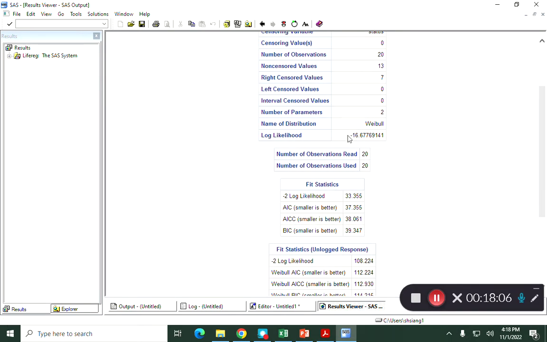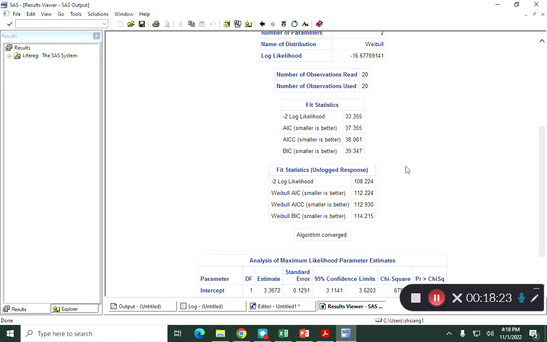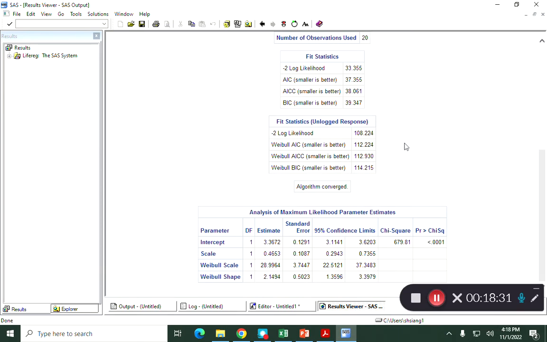And log likelihood here is just a measurement about the fitness, and is negative 16. And later on, I'll say whether this negative 16 is a good model or bad model, and compare with other models. And the goodness of fit, log rank value, those values we'll come back to explain them later.